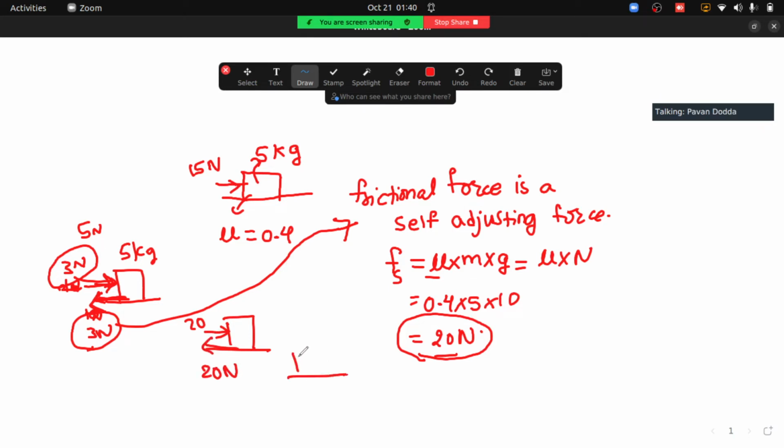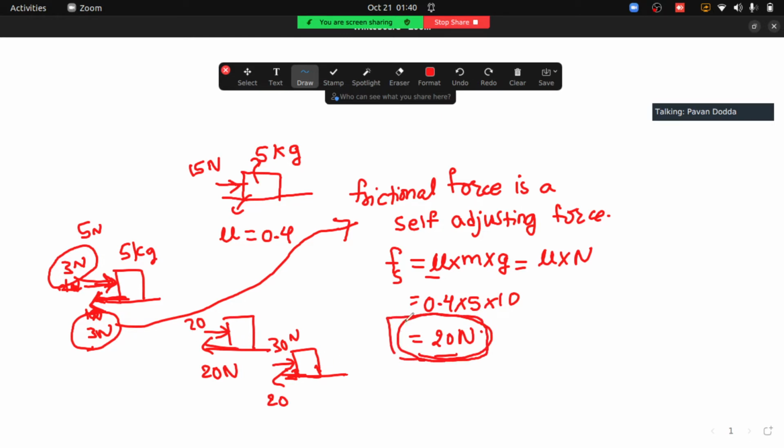Now what if I apply 30 Newton force? Then what is the frictional force acting on this block? It's not 10, it's 20 Newton, because the maximum frictional force the block can offer is 20.